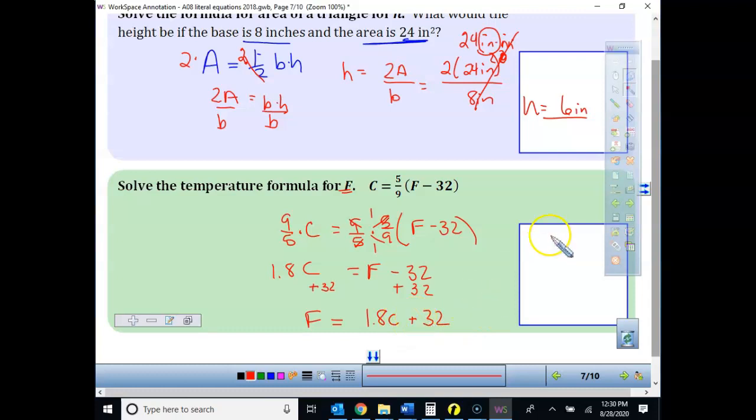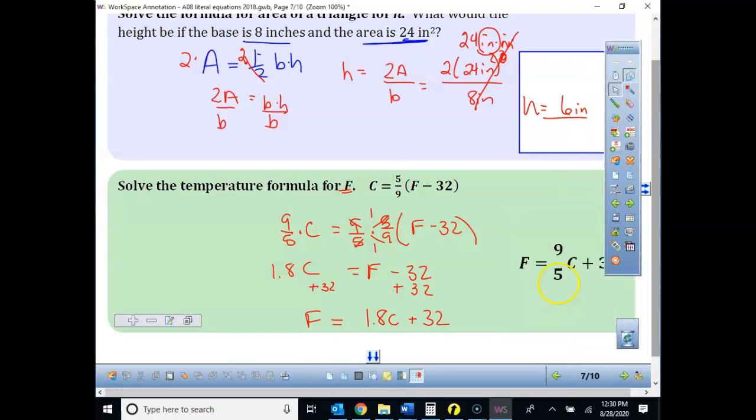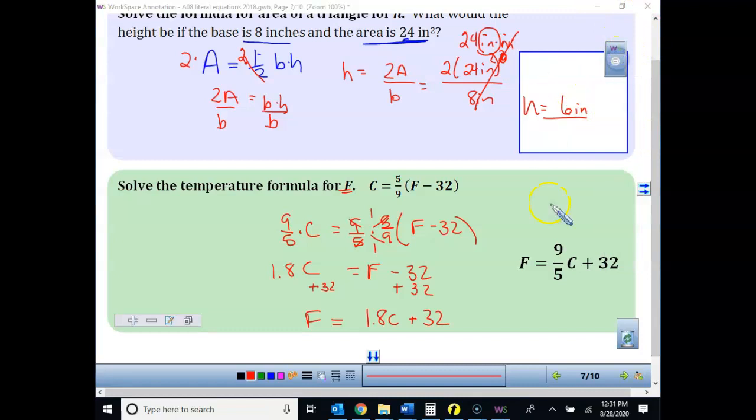So as I look at that, that is going to be my formula. And again, sometimes you're going to see people leave that with the fraction in it. And other times you are going to see many of us that are going to write this answer, and you might see it in the back, with 1.8C plus 32. And again, both of those would work.